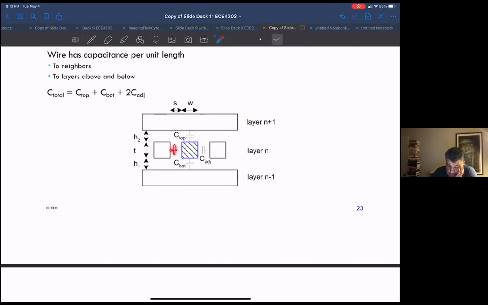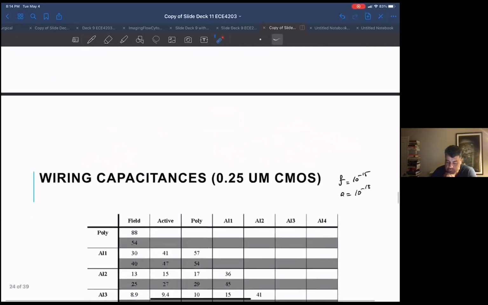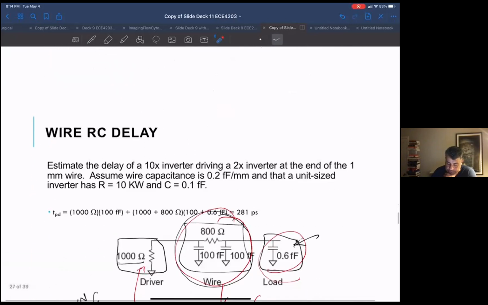Some of these metal lines could be running very close to you. Say this is a bus, and you had a limited width of area to run it through. These would be the various bits on the bus: bit 0, bit 1, bit 2, etc. Now these are all sitting right next to each other and potentially have high capacitance between them.